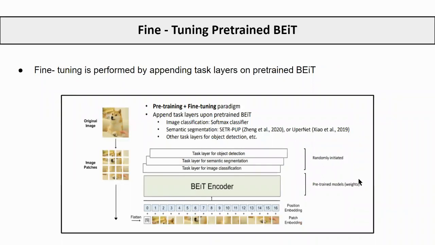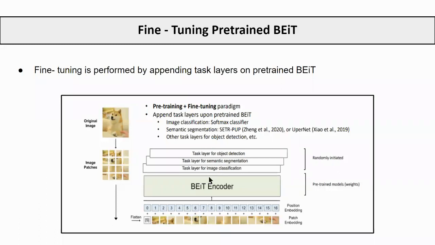Last, we have the fine tuning of pre-trained BEIT. So basically, fine tuning is performed on pre-trained BEIT by appending task layers on the BEIT encoder. So if this is the BEIT encoder, then task layers are appended.